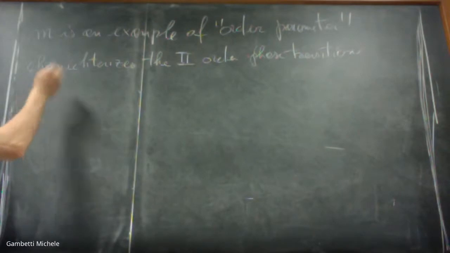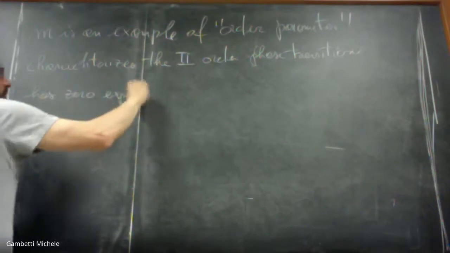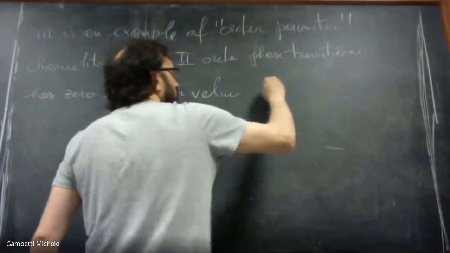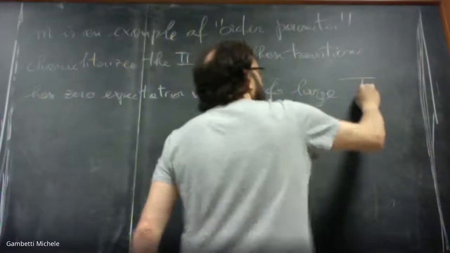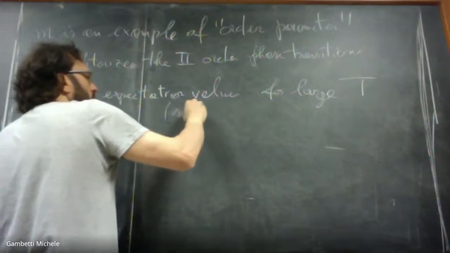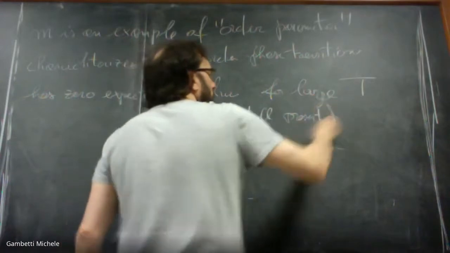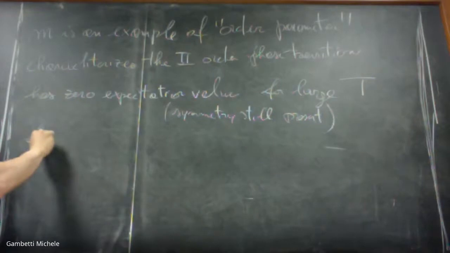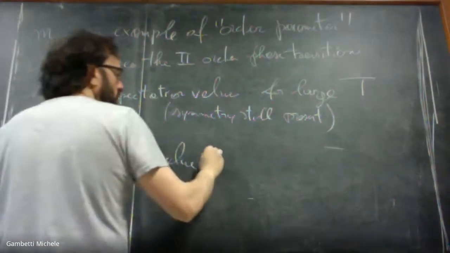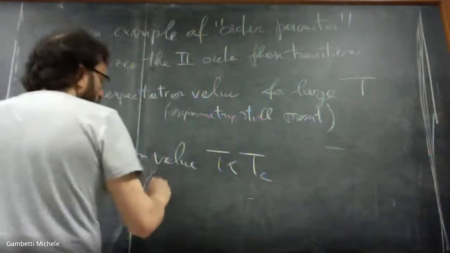Typically this order parameter has zero expectation value at large temperature, so symmetry not broken, so the symmetry is still present, whereas it gets a finite expectation value at T smaller than a certain critical temperature, for which the symmetry is spontaneously broken.